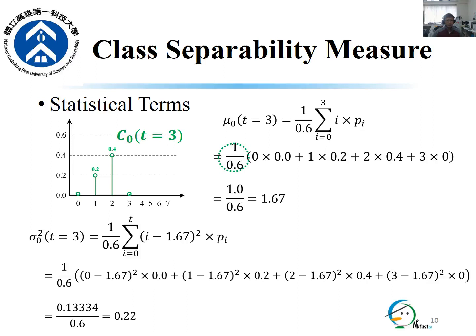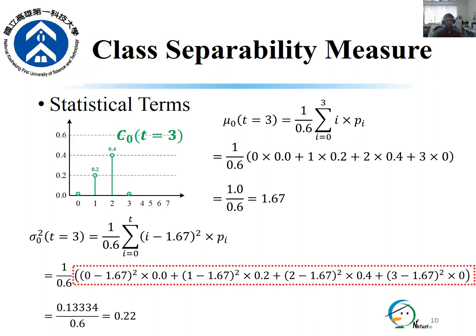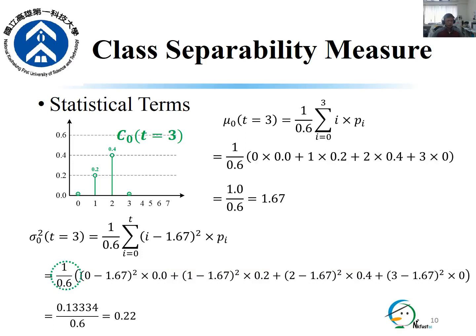For class variance, we first compute the difference square of all pixels to the class mean and then divide by class occurrence probability. It equals 0.22. After introducing these three statistical terms, we next talk about the class separability measure used in the Otsu algorithm.